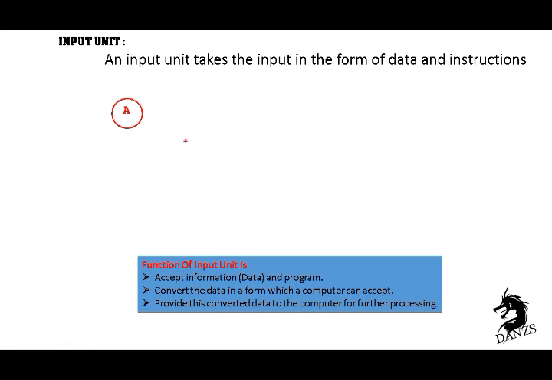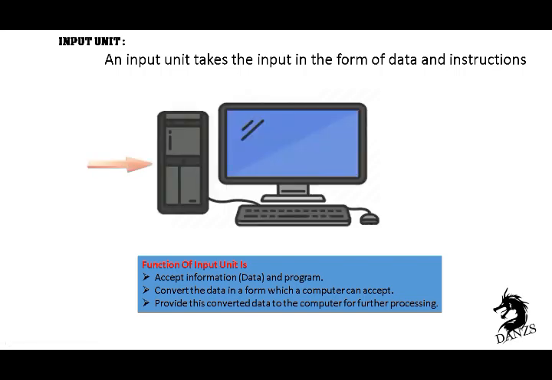For example, whatever letters or numbers we type from the keyboard, that numbers or letters or alphabet is known as what? Data. That data is taken by the computer. Let us see an example. When you feed any information, like here you can say A and we can see a picture, yes or no?